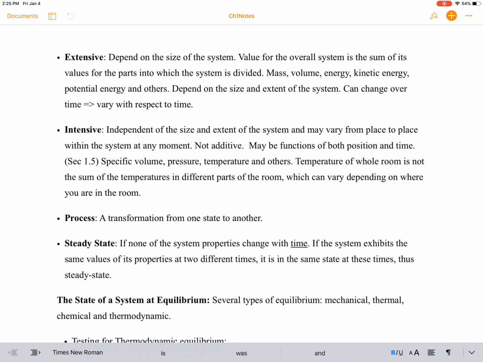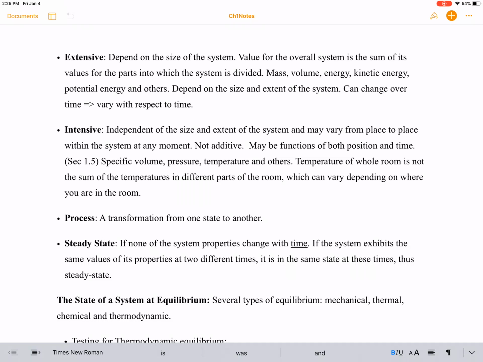That's an extensive property. Intensive properties are independent of the size and extent of the system and may vary from place to place within the system, but they're not additive. So thinking about temperature, if I have my 4 cubic meters of air in the middle of the room, that air has a certain temperature associated with it. If I double the size of that volume of air, I don't double the temperature.